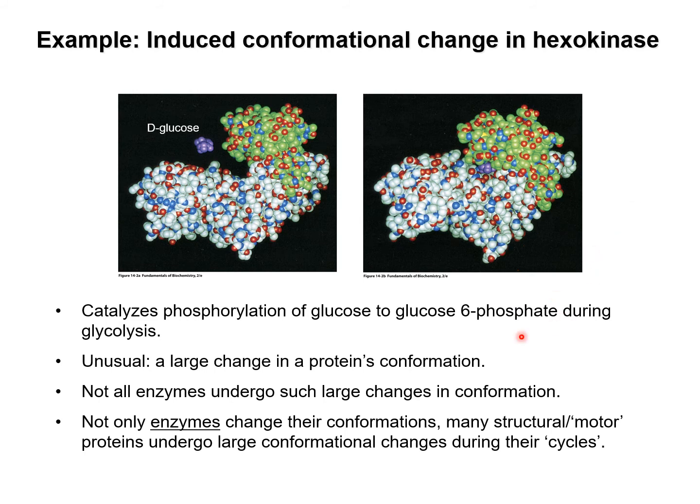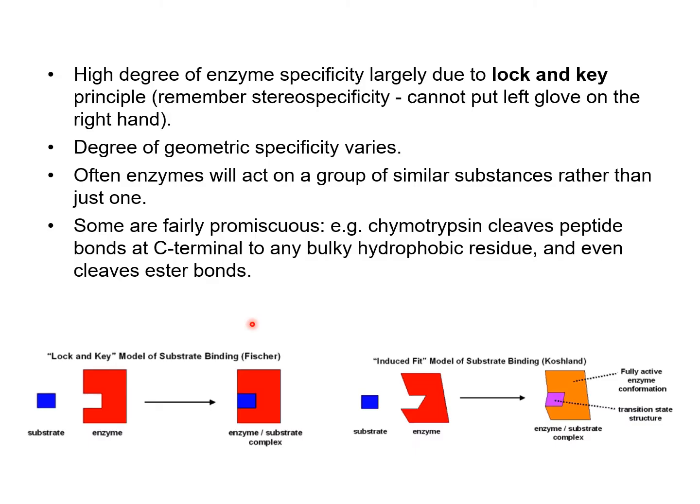So that mechanism definitely is used not only for the reaction or substrate process, but also for making some kind of scaffold or structure, or even for moving the muscles. The high degree of enzyme specificity is largely due to the lock and key principle.